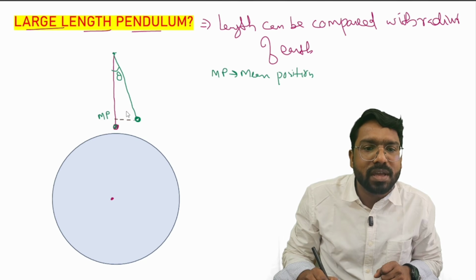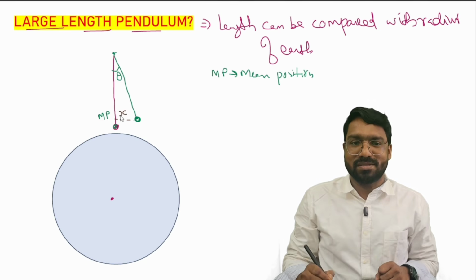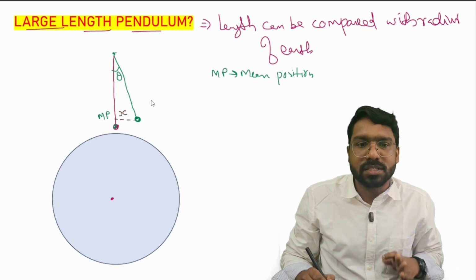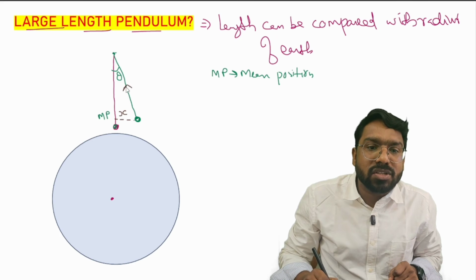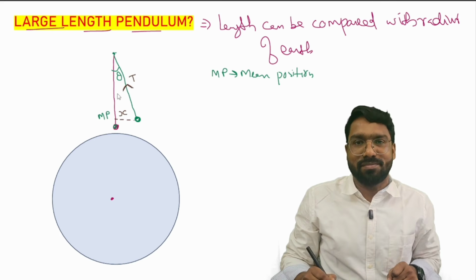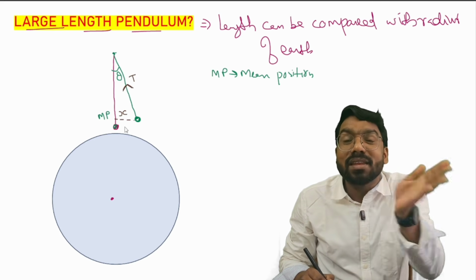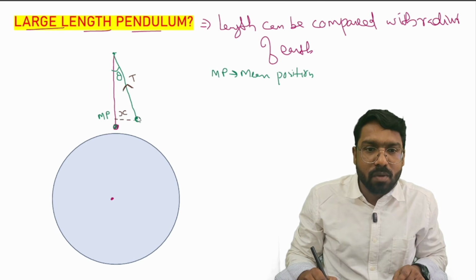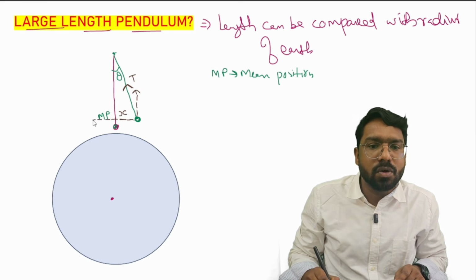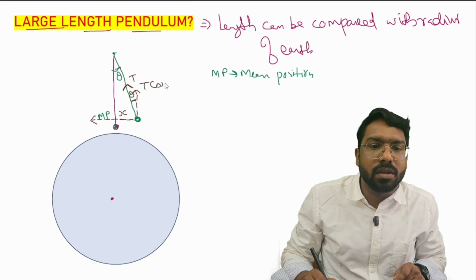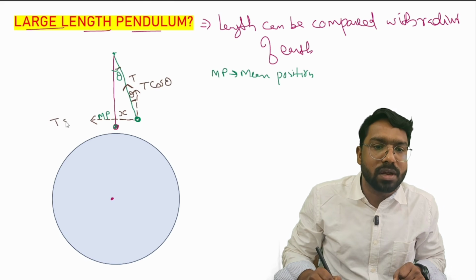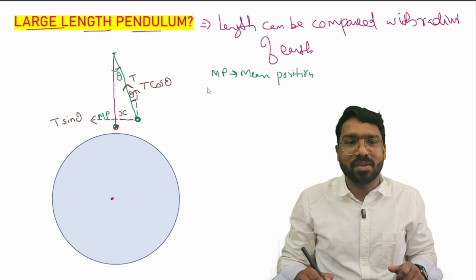At this position, the tension acting on the string of the pendulum is T, and this tension we can resolve into two components, one vertical component upward and one horizontal component. If this angle is theta, this angle is also the same angle theta. So the vertical component will be T cos theta and the horizontal component will be T sin theta.